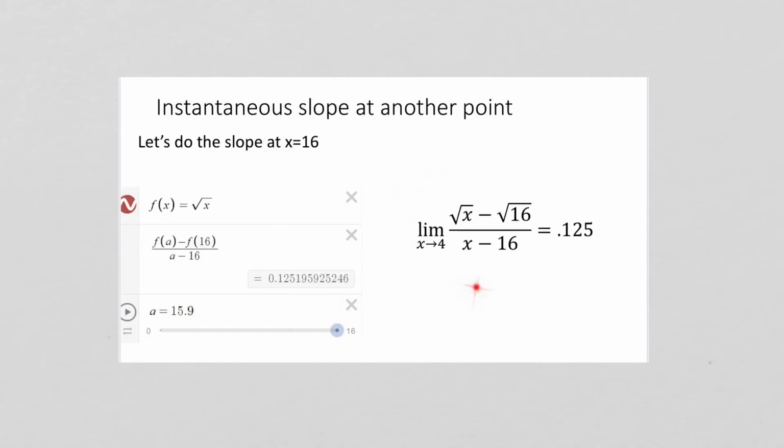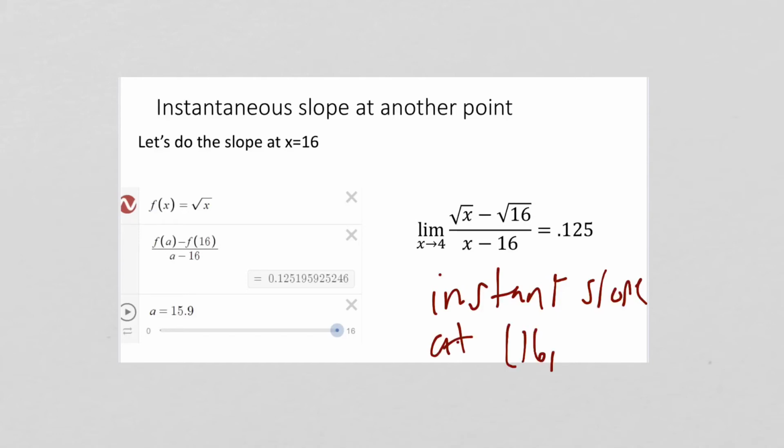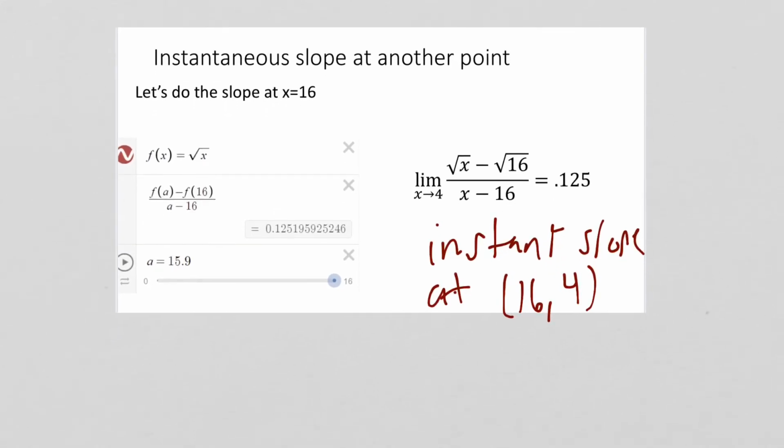This is helping us do this limit, which is the instantaneous slope at the point x equals 16. What's y equal to? What's square root 16? That's just equal to 4, right? And so the instantaneous slope, the slope of the tangent line at 16 comma 4, is just equal to 0.125, which is a pretty flat slope, a positive slope still, but pretty flat, right?